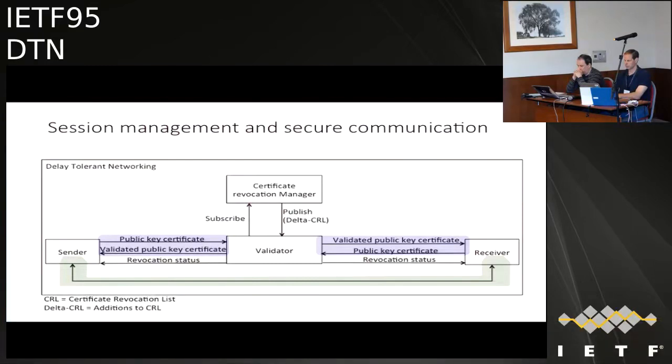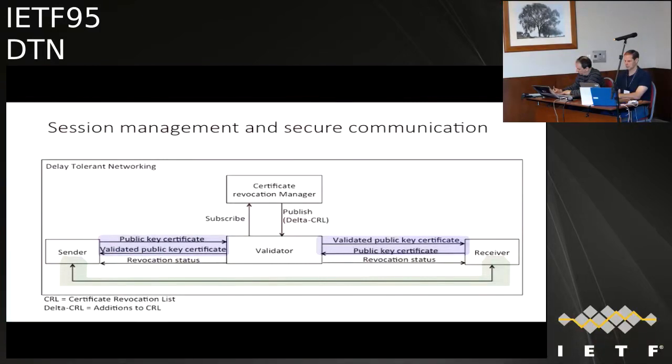And once this exchange has happened, the sender and receiver can engage in secure communications, and those communications need not go through the validator. They can go outside the validator. So this is a one-off session establishment kind of cycle. And these sessions are valid for a very long time.